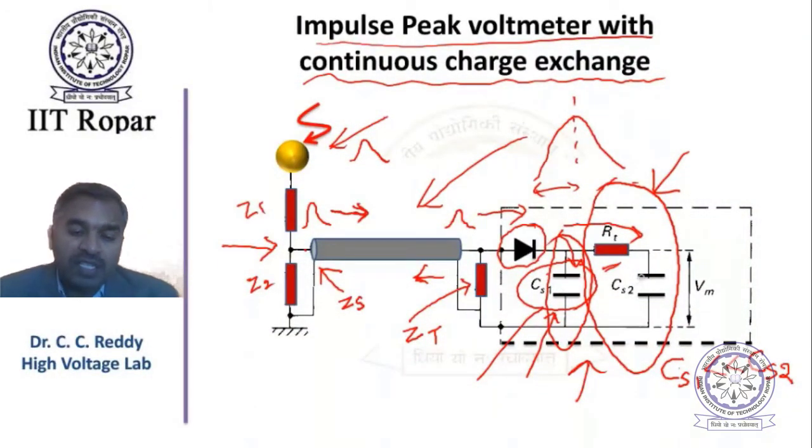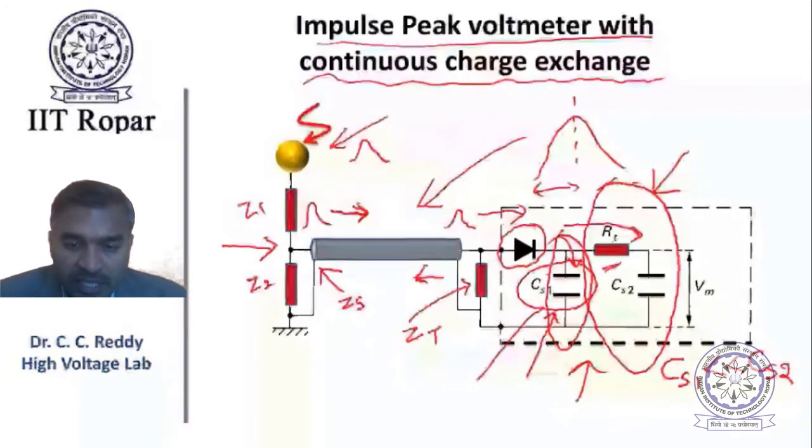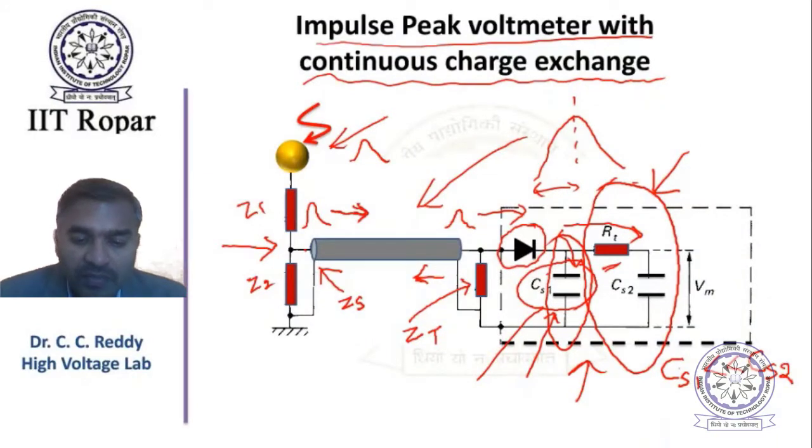Now after CS1 is charged, then what will happen? The diode no more conducts, because the voltage is decreasing, and within a few microseconds the voltage will completely disappear from here. But the capacitor is already charged. CS1 is already charged. CS2 is also charged, but CS2 is charged to a lower voltage.